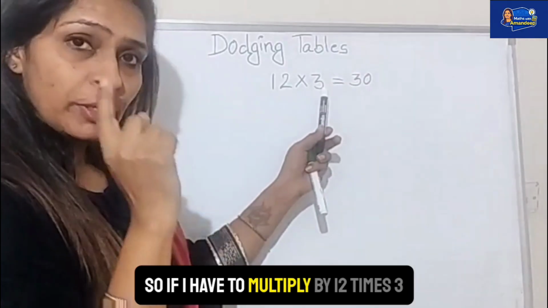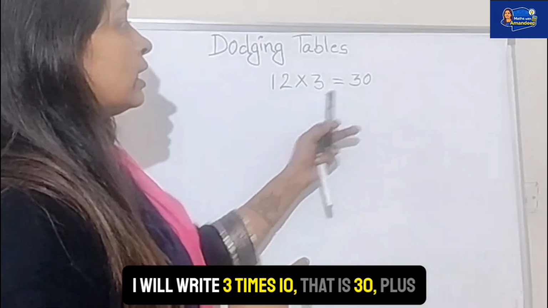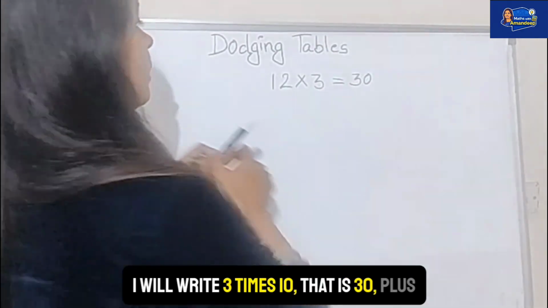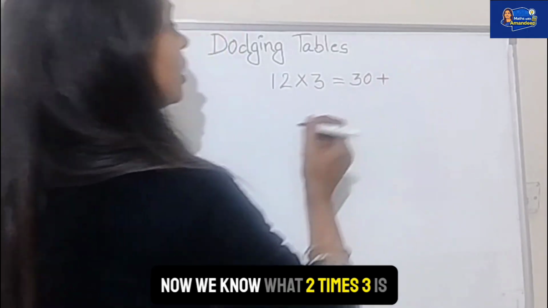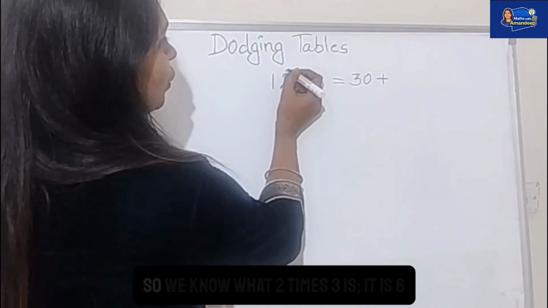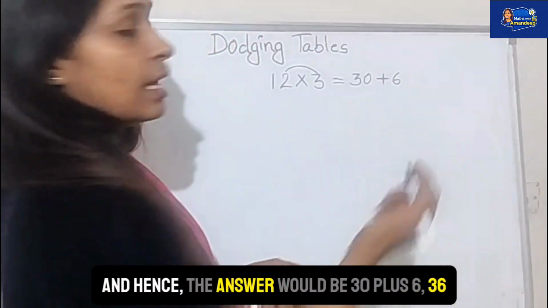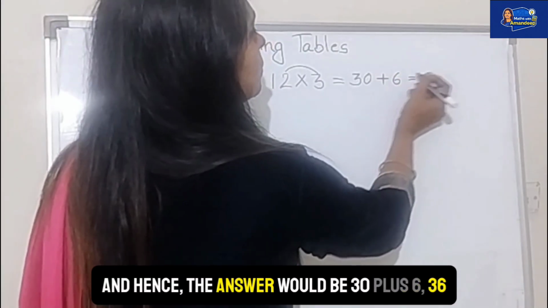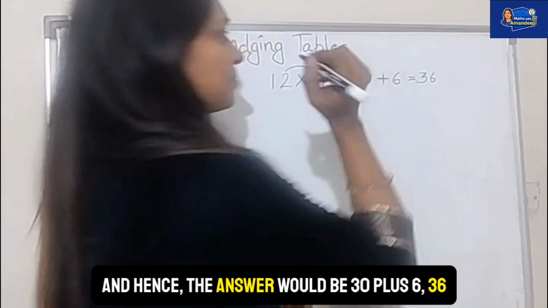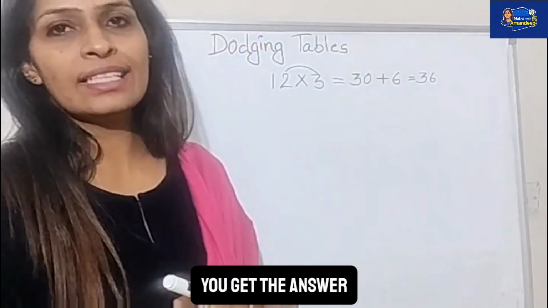So I'll write 3 into 10, that is 30, plus. Now we know what is 2 into 3. We know what 2 3s are. It is 6. And hence the answer would be 30 plus 6, 36. That's it. You get the answer.